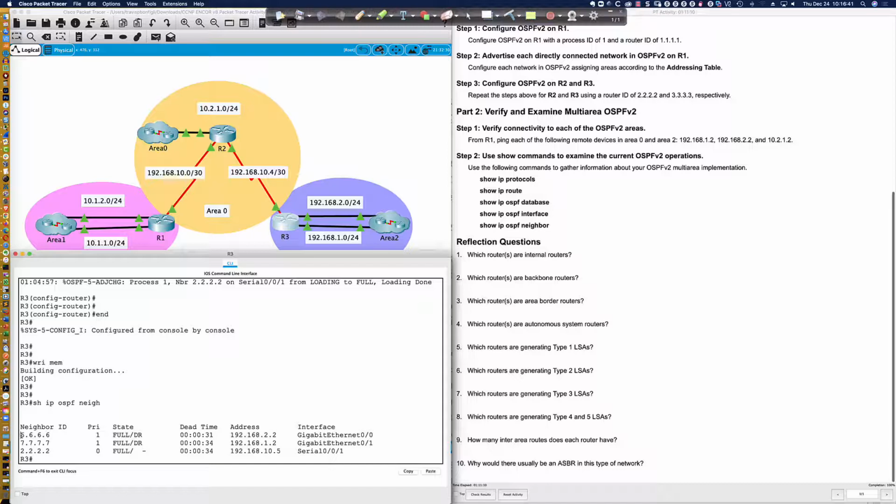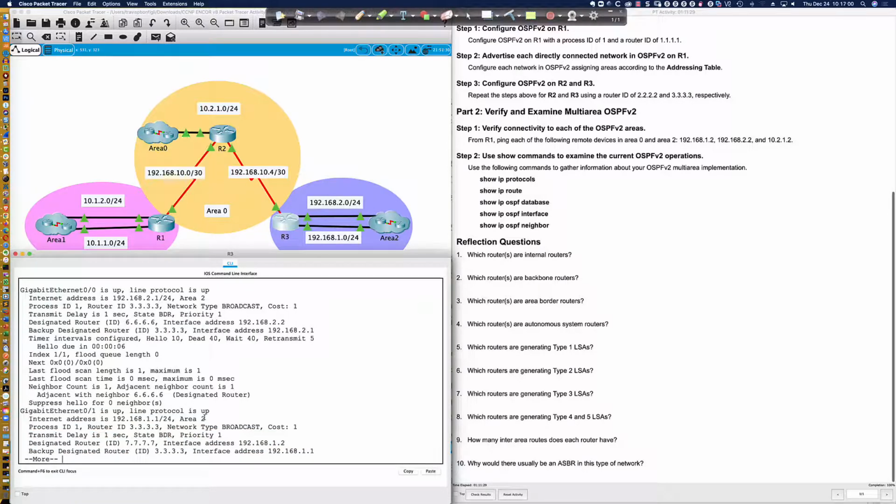I see that router 6 and router 7, those are for their respective segments. They are the DR. And again, if I was to say show IP OSPF interface, I could see who the BDR is for that segment, probably me. Show IP OSPF interfaces. And so who is the backup designated router? In both cases, I am the backup designated router.